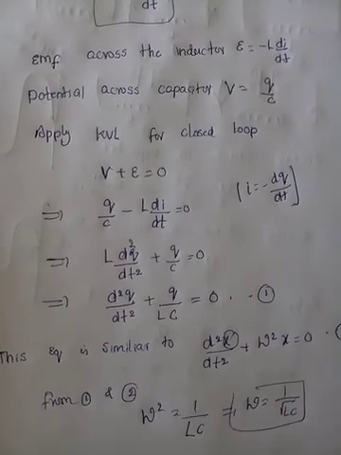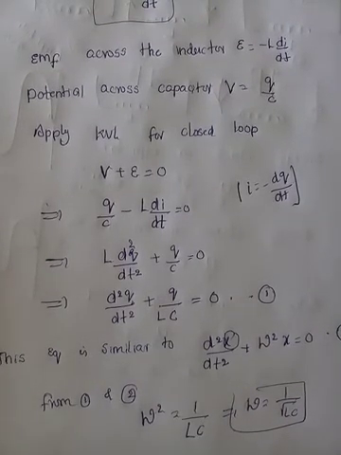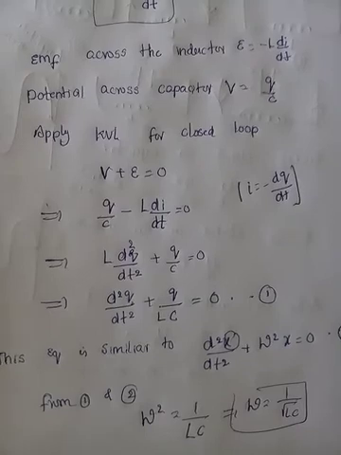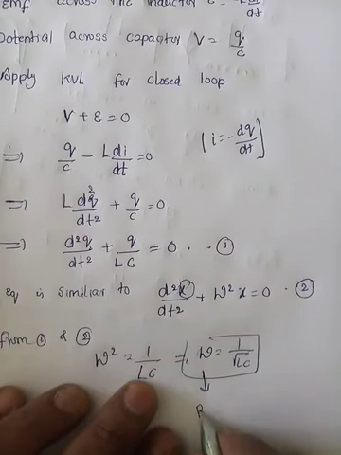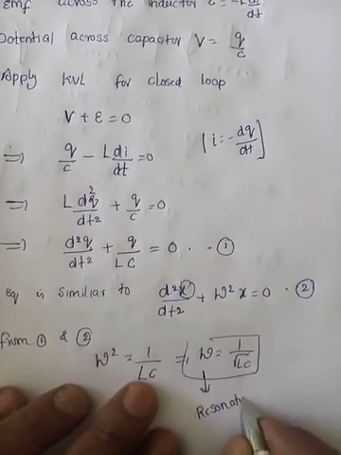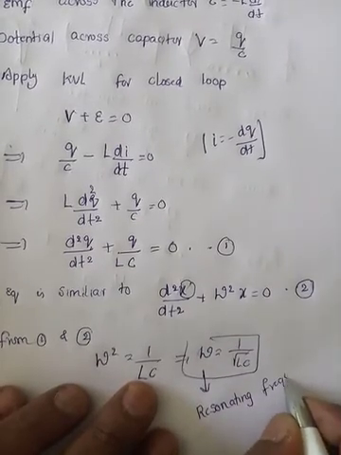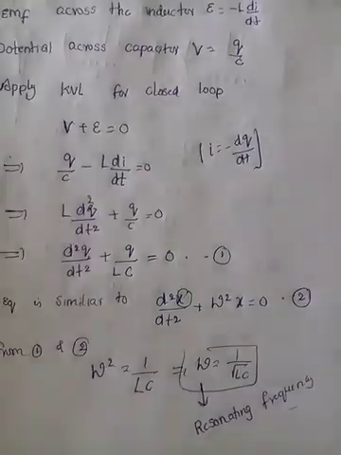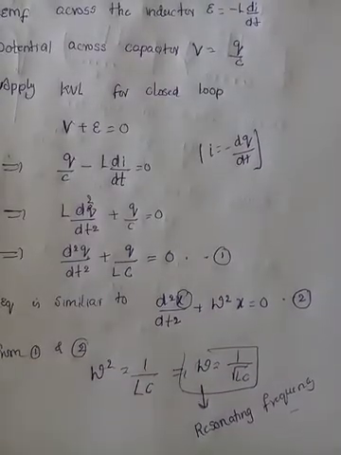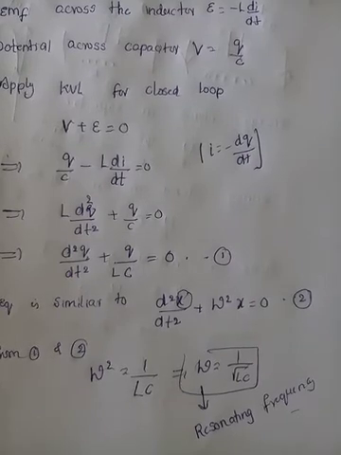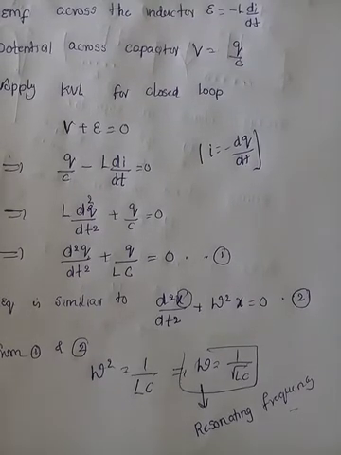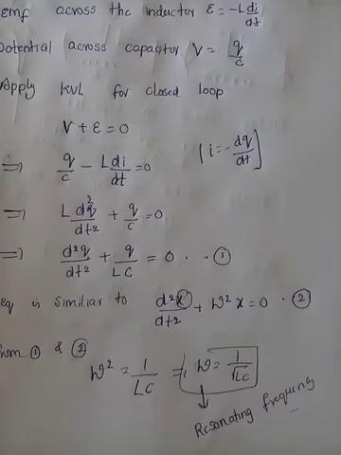This is the same resonating frequency we got before. So when an inductor is connected to a capacitor, it oscillates with the resonating frequency. These are resonating oscillations. When a charged capacitor is connected to an inductor, the charge starts to discharge and produces oscillations. The energy varies from electrical energy to magnetic energy, and magnetic energy back to electrical energy.